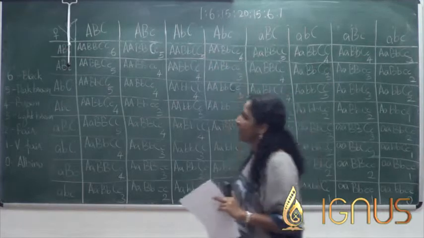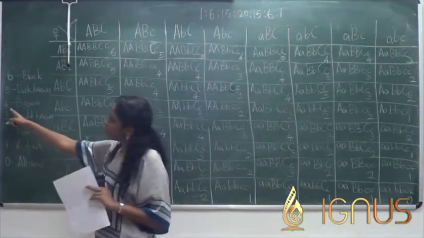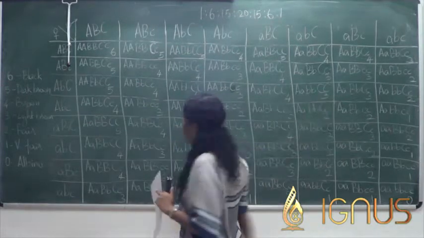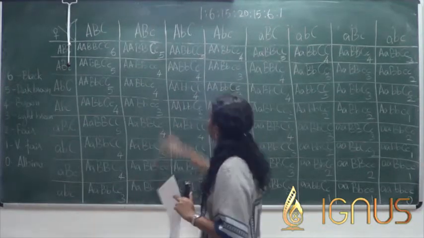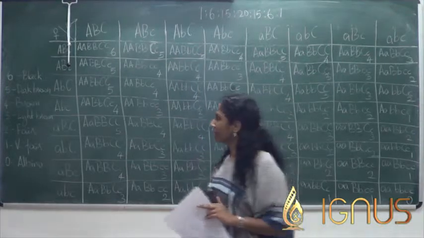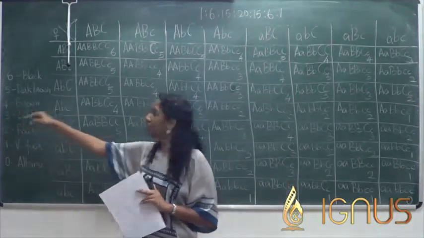The next one. Now the next thing is how many of them have 4 dominant alleles. You can count all through the Punnett square and you will find 15 of them. 15 of the offsprings have 4 dominant alleles.